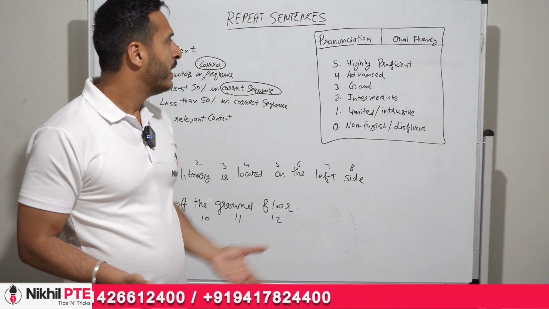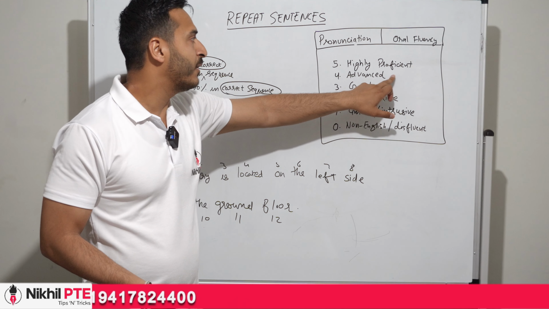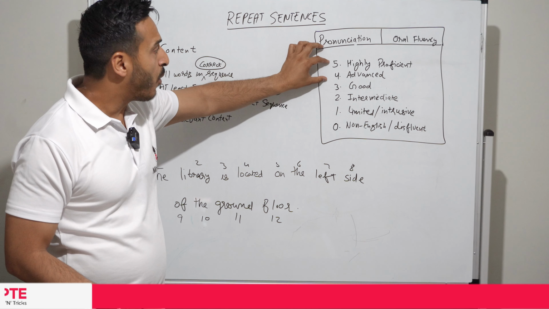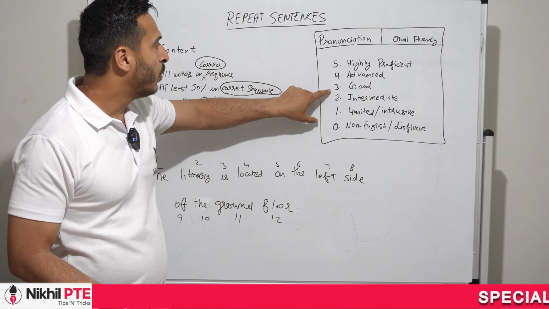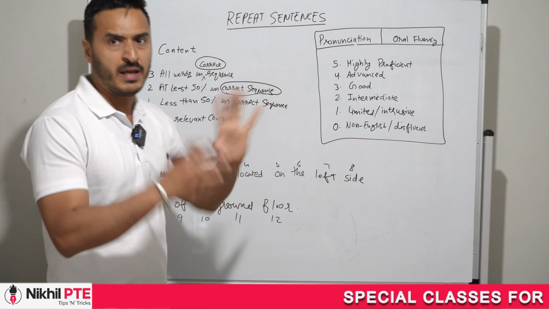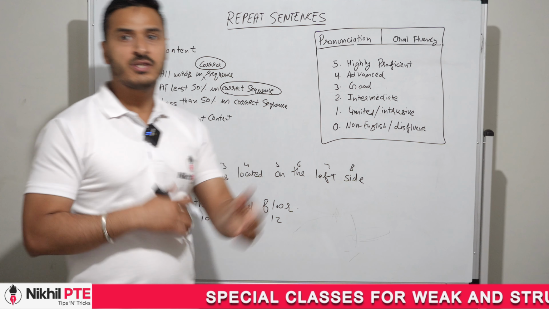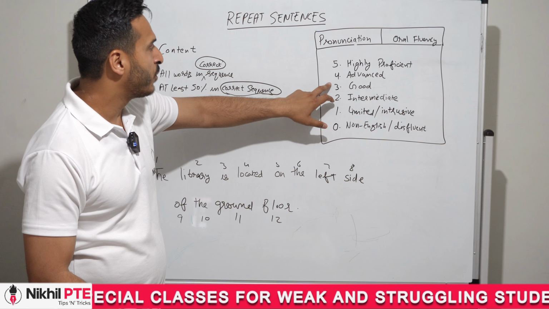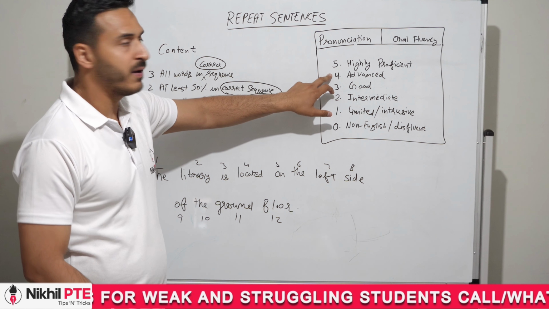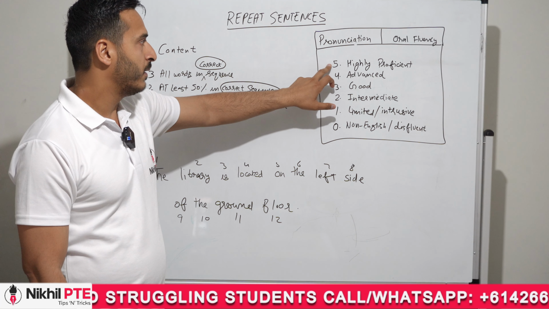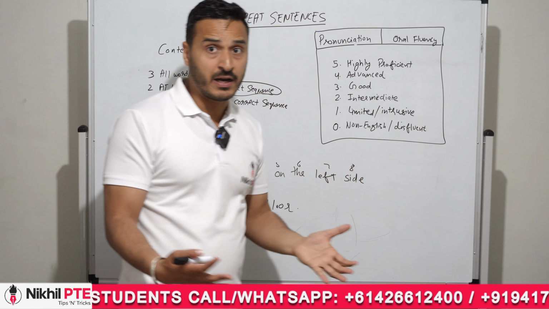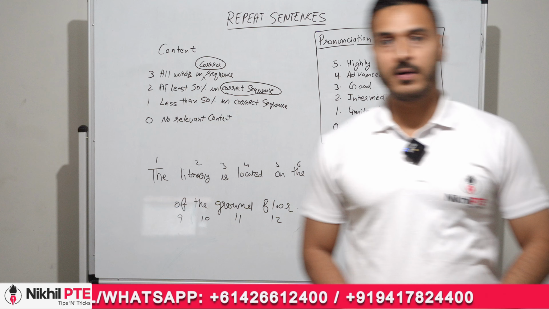Highly proficient and advanced, these 2 points are really important for us. Good, intermediate, limited: if you are targeting 65 each or 79, you should focus only on these 2 topics, mainly this topic. That is 5 marks. How can we get 5 marks from oral fluency and pronunciation?